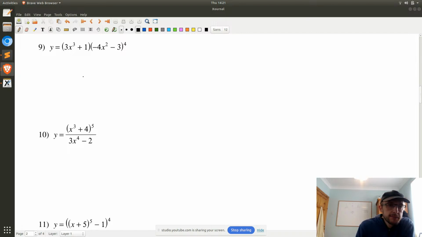Product chain, I guess. Differentiate the first one, leave the second one alone. Differentiate the second one and leave the first one alone.